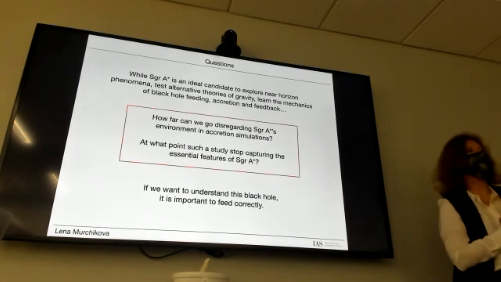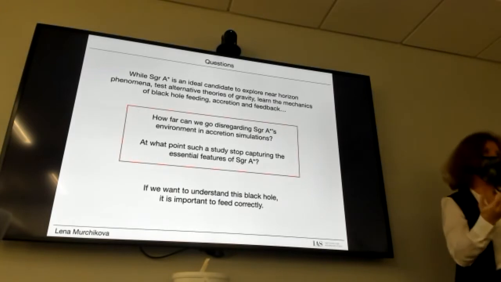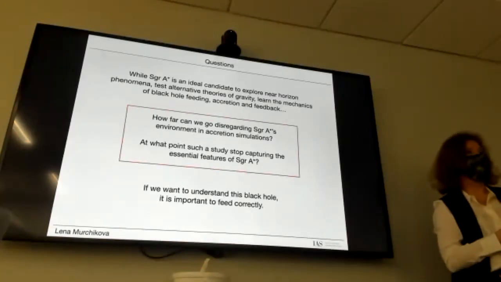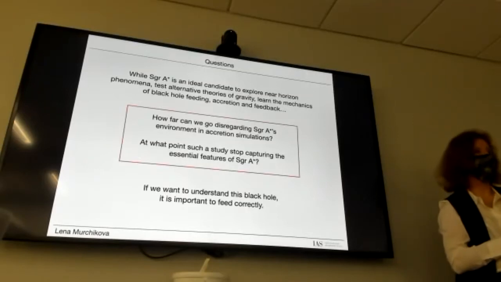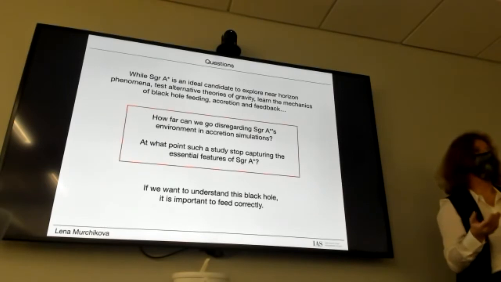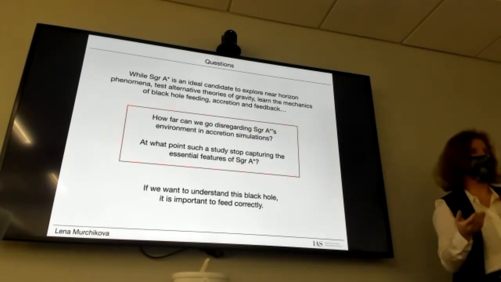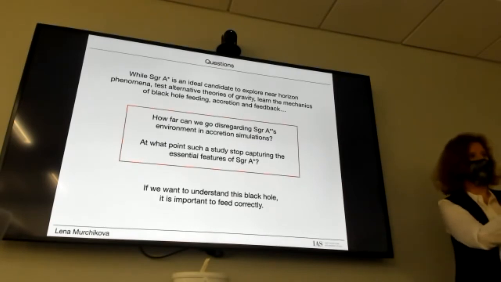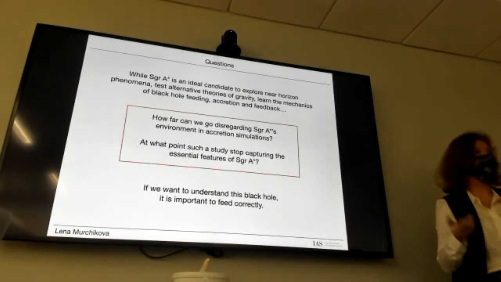We heavily rely on simulations to fill the gaps between observational data, so how far can we go in ignoring the environment of the black hole? More precisely, how far shouldn't we go, to still capture the environment of that black hole? Where does the boundary lie when we still study Sagittarius A star, or some similar black hole with similar conditions?